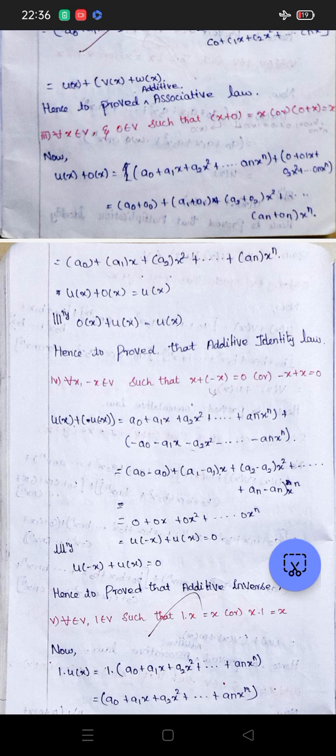Next, the fourth condition: x and -x belong to V such that x + (-x) = 0 or -x + x = 0.